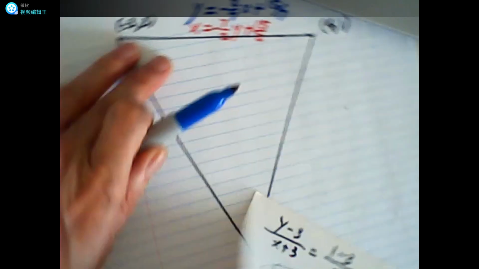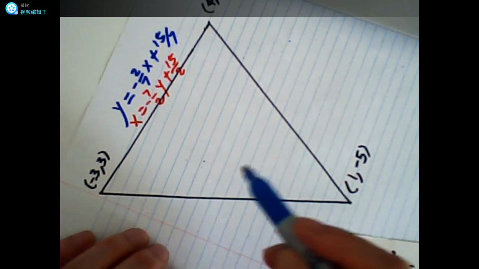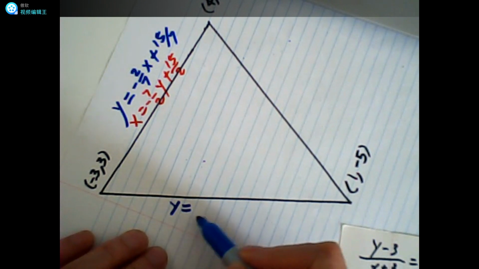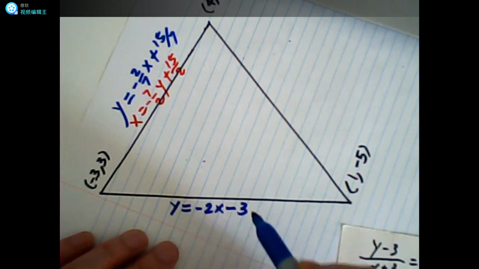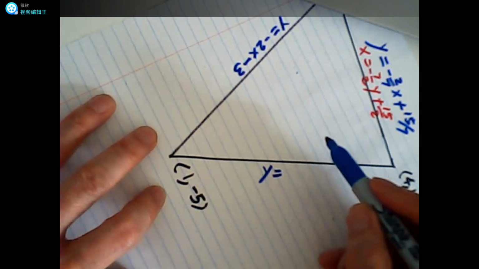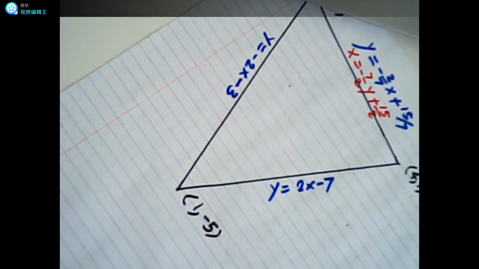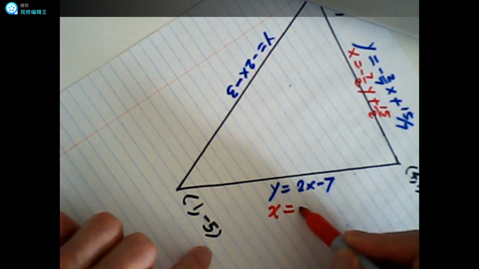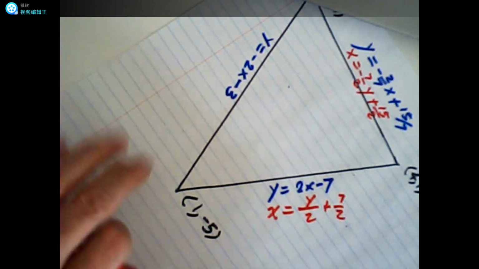Now similarly, we can find the other lines, and let me skip the process but show the result. This one is y is equal to 2x minus 7, or x is equal to y over 2 plus 7 over 2.